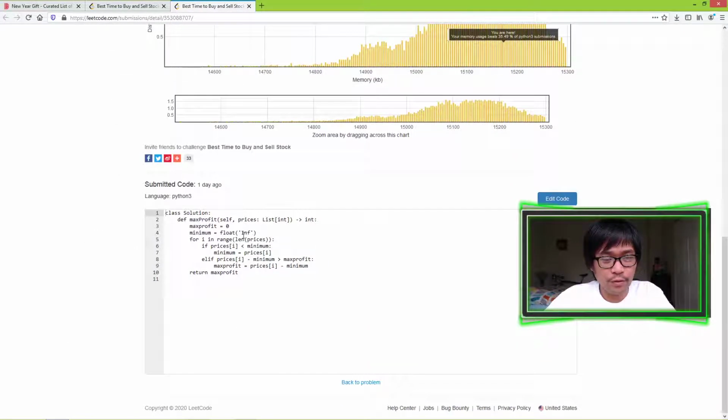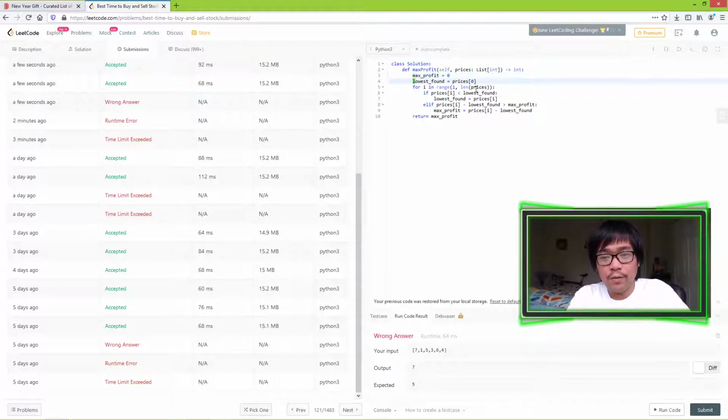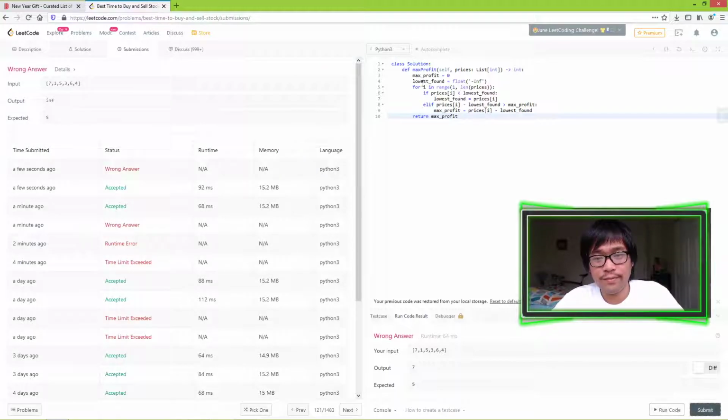Okay, so this is a previous solution I did. Okay, so that's what I set the minimum to be, the minimal number. So let's set the minimum to be the lowest number, so float negative infinity. So now no matter what it is, everything is going to be higher than the lowest found. So the lowest found is going to be updated no matter what it is. And we have to start off at 0 instead of at 1.